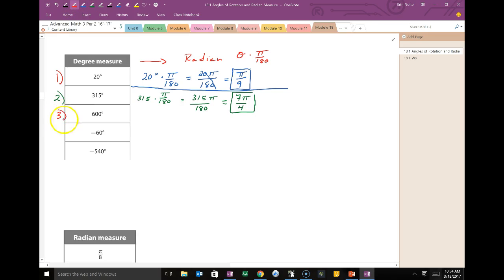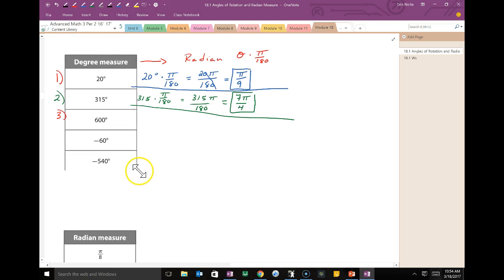So for 600, let's draw a line there. Kind of making that bigger. There we go. Okay, so for 600, we're going to take 600 multiply by pi over 180.